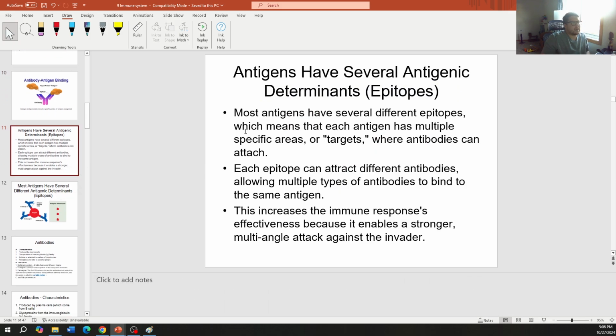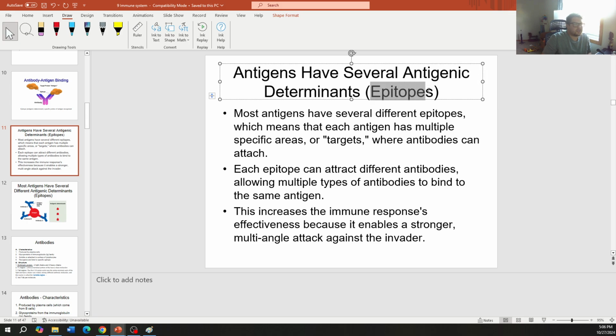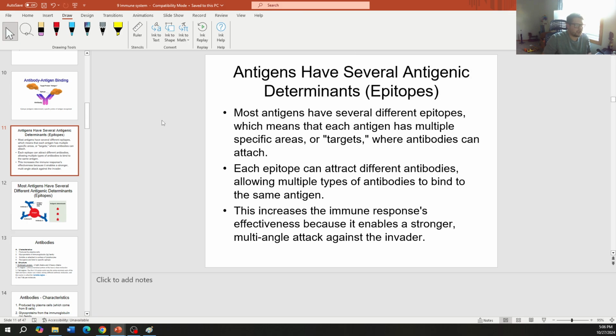Okay, so antigens often have several antigenic determinants, also known as epitopes. Antigenic determinant, epitope, it means the exact same thing, okay? Most often, they have several different epitopes, so that way our immune system can respond to them in many different ways.